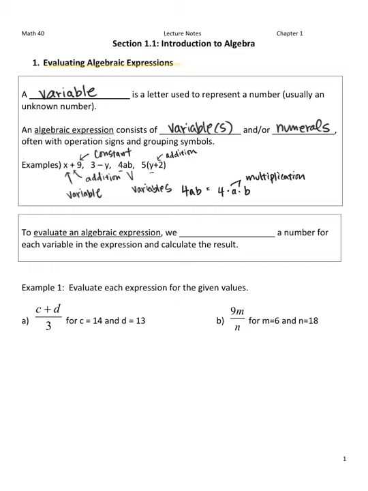So for example, let's say 5 times y can be written as 5 times y, like that, or 5 times y, or 5 times y, like that. Or simply 5y. This means 5 times y, okay?